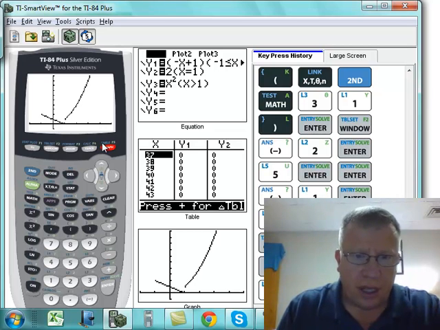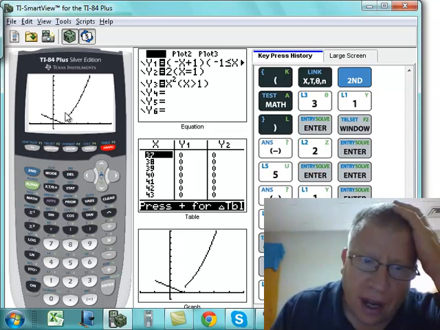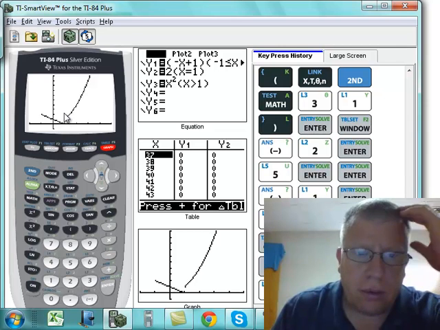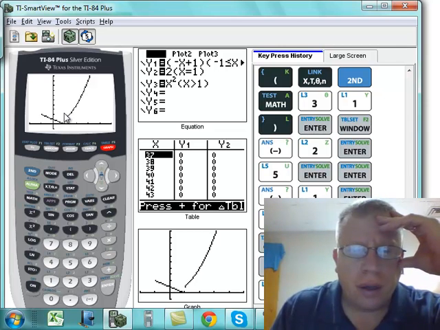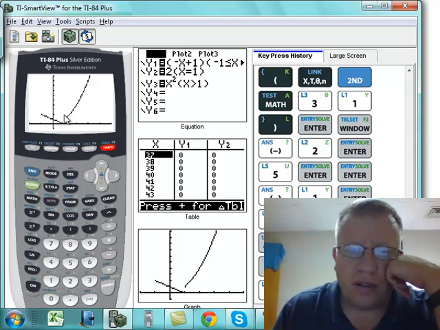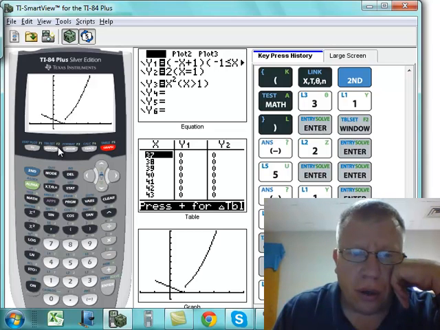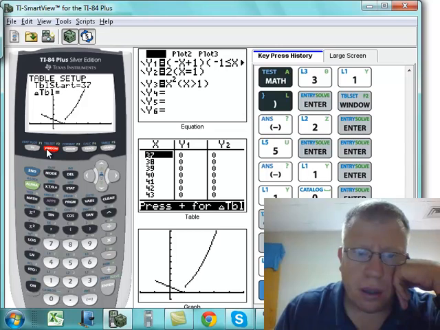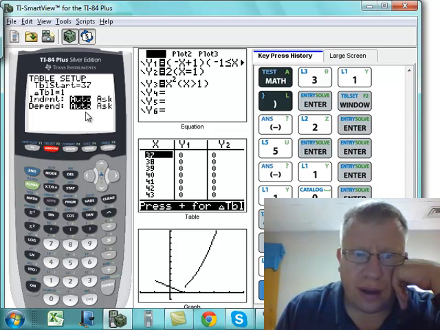So yes, indeed. Now, the graph is not going to show that little dot indicating that the function is equal to 2 when x equals 1. It's just not going to show it. But when you go to the table, let's go to table set. And let's just have the table start off at, I don't know, maybe -2.